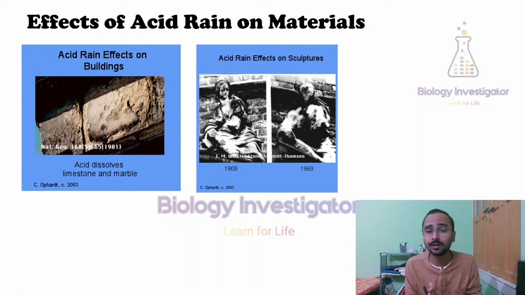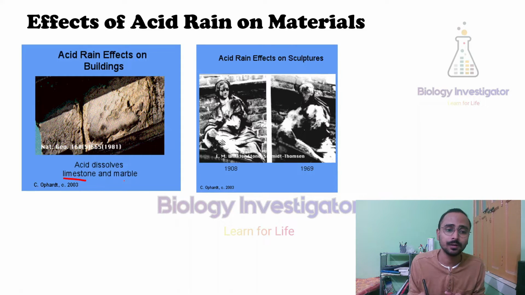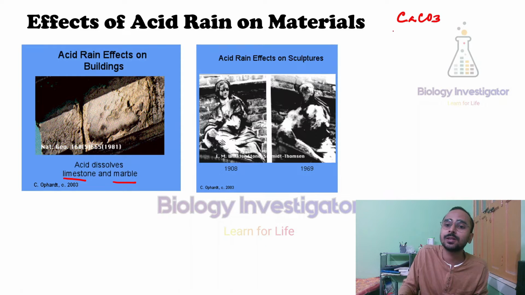You have heard this thing, you know this news. Acid rain causes havoc damage on buildings, which are mainly made up of limestone and marble, and limestone and marble contain CaCO3, that is calcium carbonate.